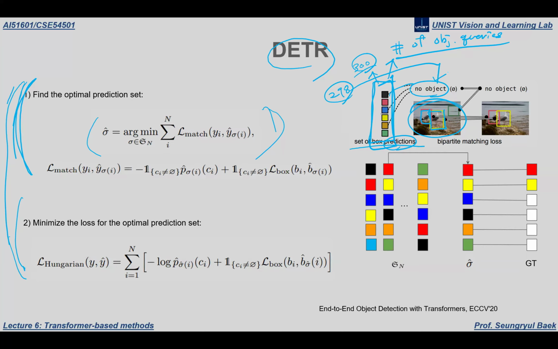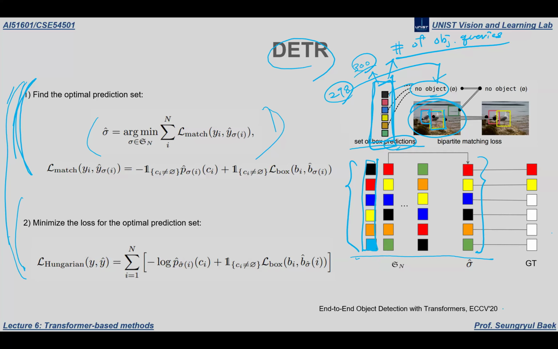Okay. Also, in the transformer output, we cannot encode any order. This is, for example, the output from the transformer, but the transformer output cannot describe any order of the predictions.